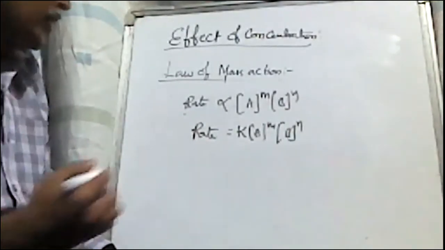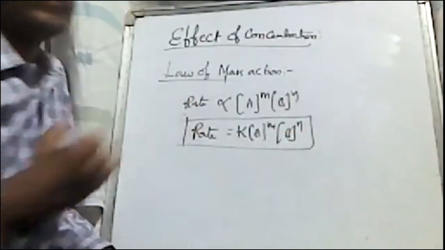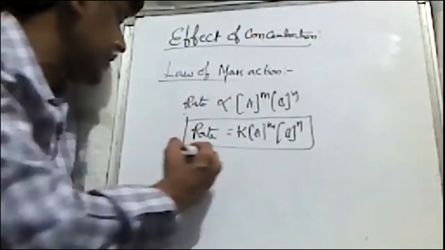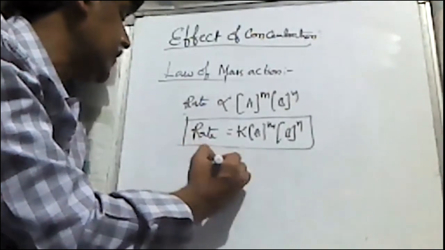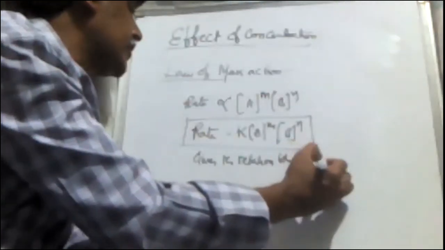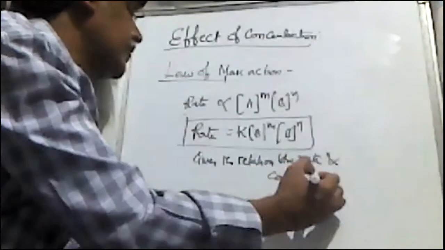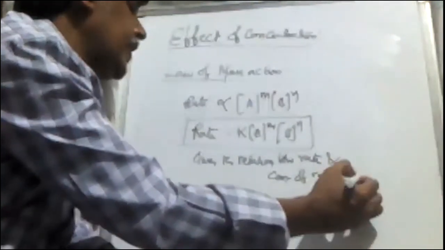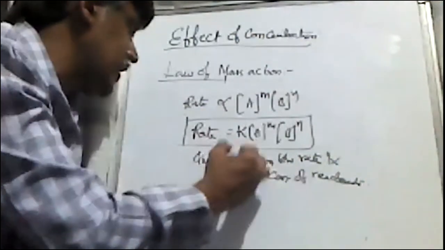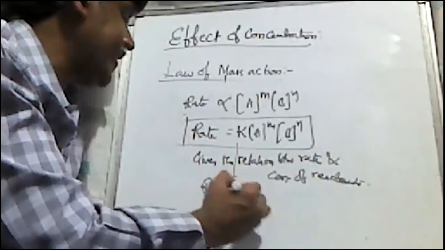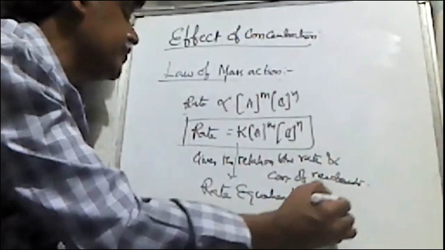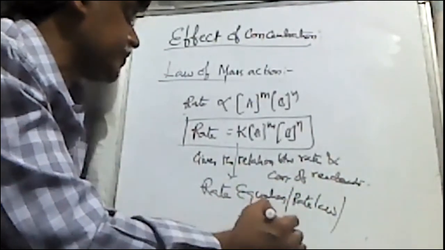This expression, this equation, gives the relation between rate and concentration of reactants. That's why this equation is called the rate equation, rate law, or rate expression.